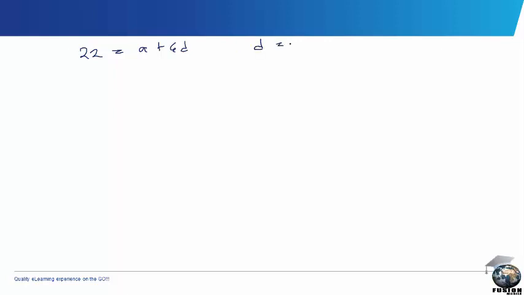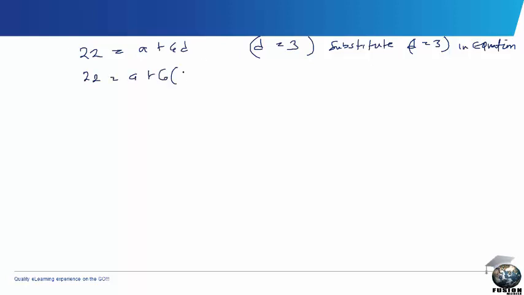Knowing that d is equal to 3, I have 22 is equal to a plus 6 times 3, which is 18. When I move 18 to the other side, I have 22 minus 18 equal to a, and 22 minus 18 is equal to 4. Therefore a is equal to 4.